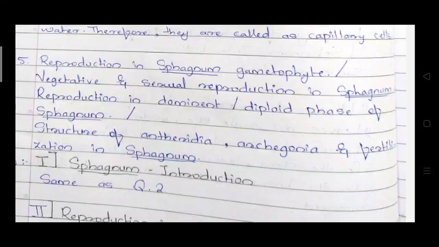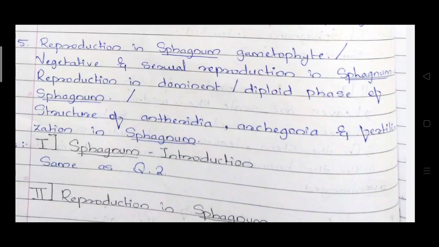Hello students, today we discuss reproduction in the Sphagnum gametophyte. In Sphagnum, vegetative and asexual reproduction take place.